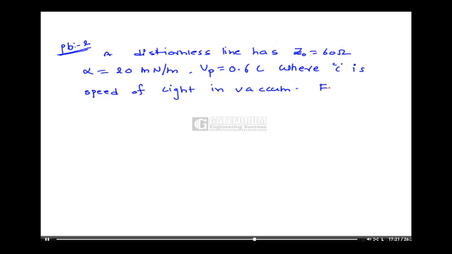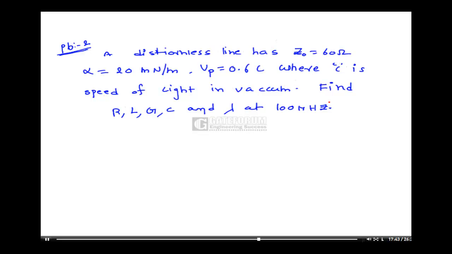Find R, L, G, C and lambda at 100 megahertz. So this is a problem.